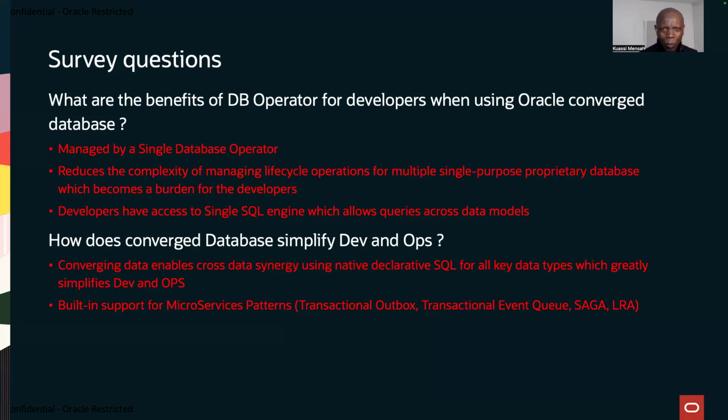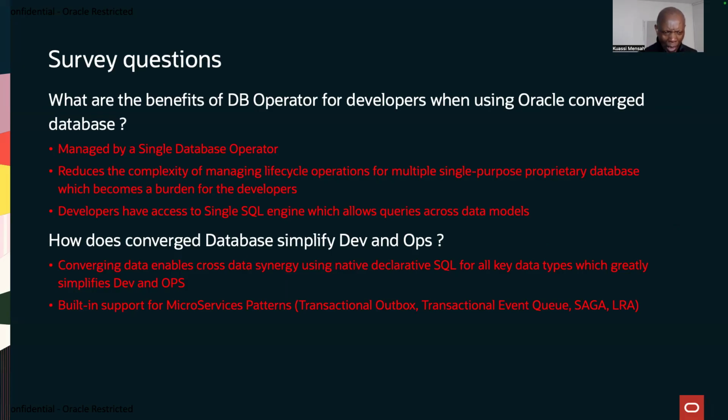We are not saying put all your data models in a single database engine, a single storage. No, we are saying you can have multiple instances of the database, each carrying different data models, or you can combine models on a single engine. But the management side is a single DB operator, right?